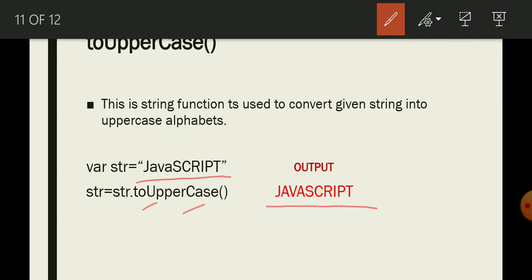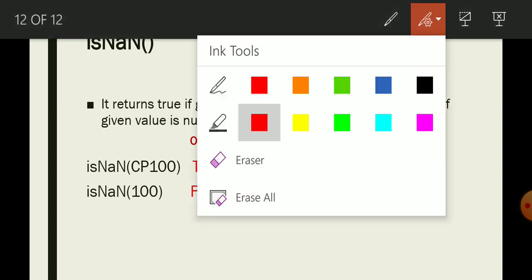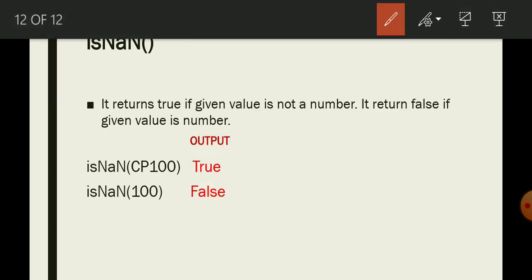And last is isNaN, which is used to check whether a given value is a number or not. It returns true if the value is not a number, and it returns false if the value is a number. Here you can see this example, isNaN CP100.